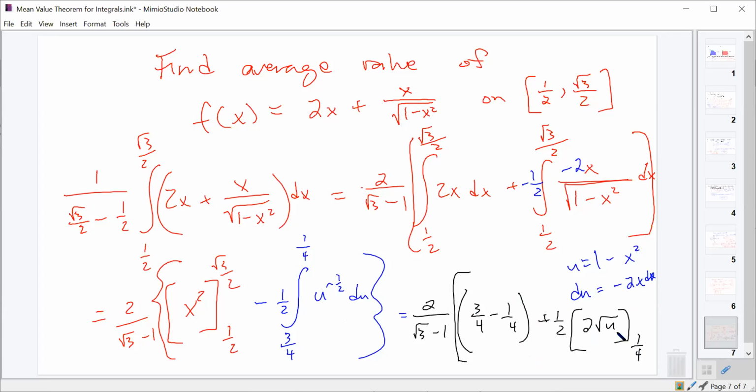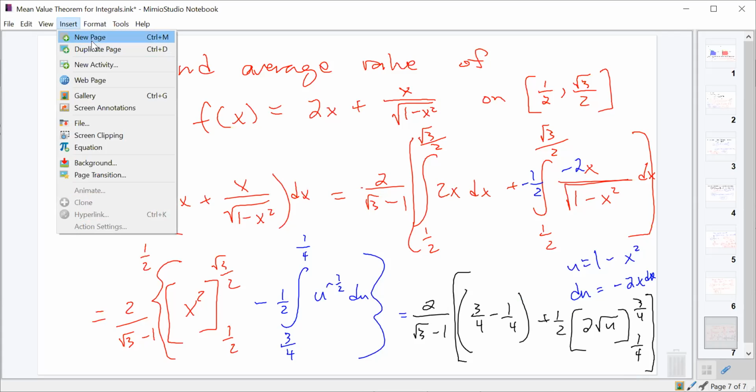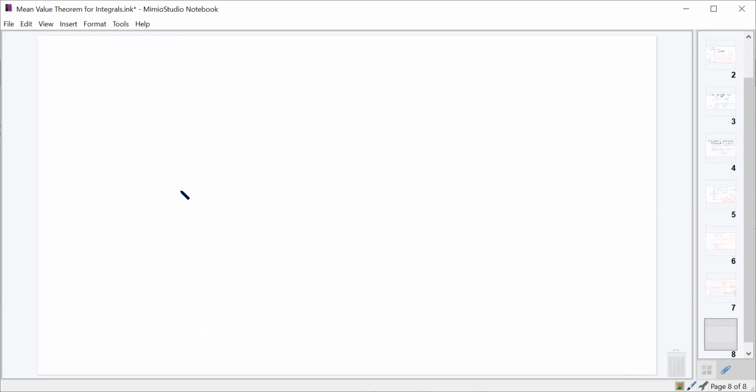And since we flipped the limits by making that positive, we'll make it 1/4 to 3/4. Good or no? Everybody good so far?